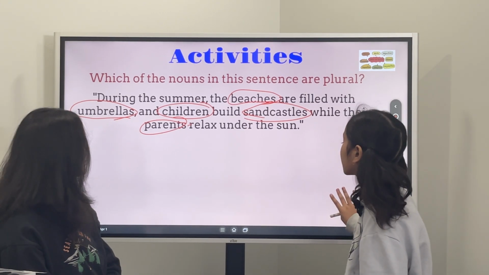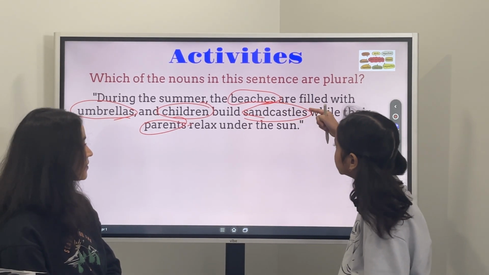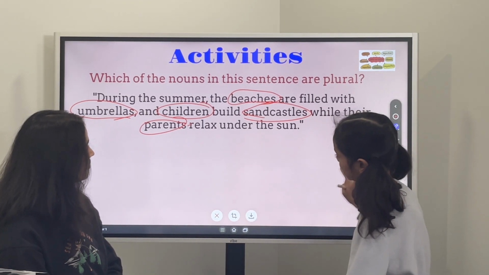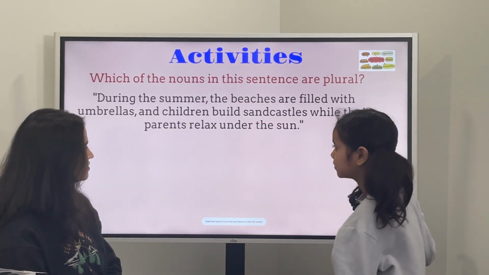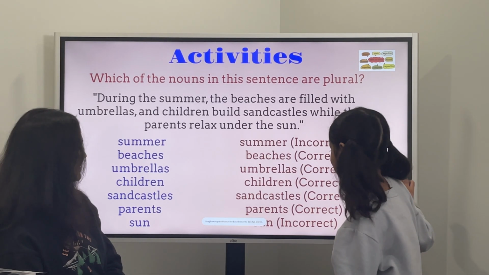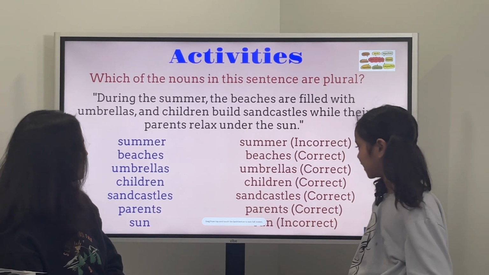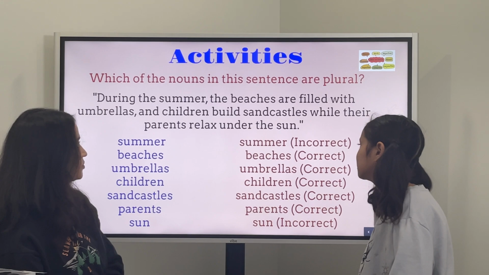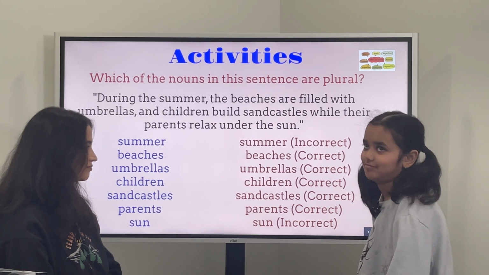So it's easy to find: beaches, sand castles, children, parents, and umbrellas. How about the sun? No. Sun is incorrect. Summer is also incorrect. Summer is just a noun, it's not a plural, right?